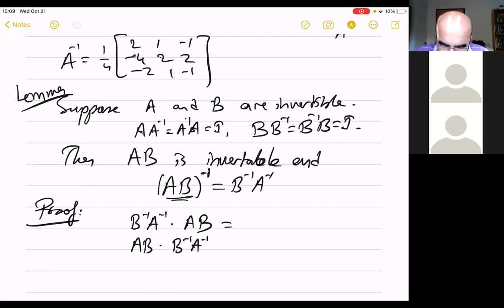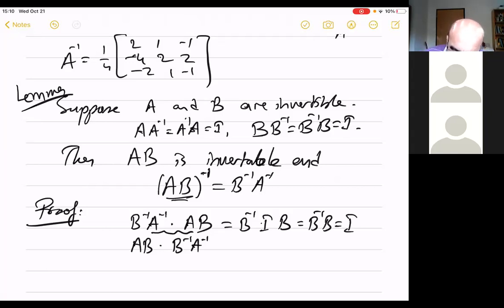This is B inverse, this A inverse times A. This is identity matrix times B. The identity matrix does not affect anything, so that this B inverse times B is identity.